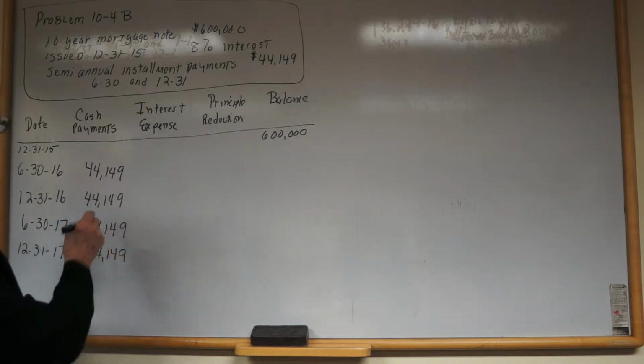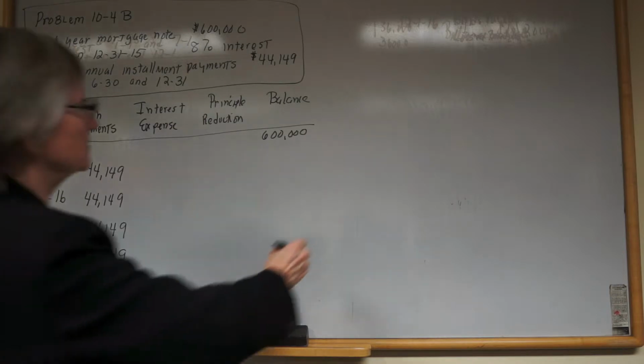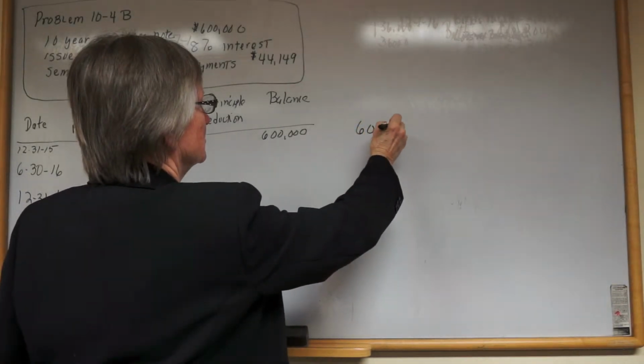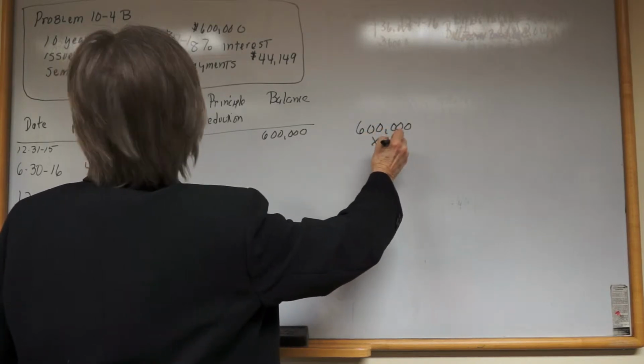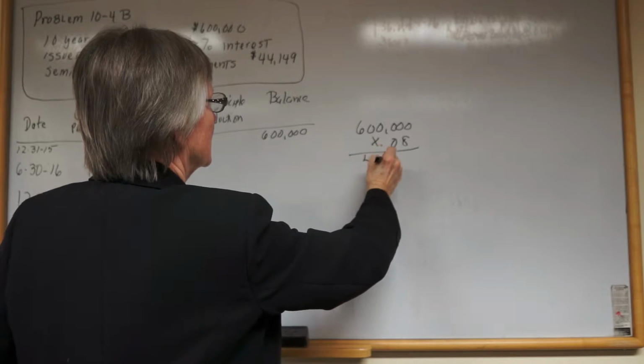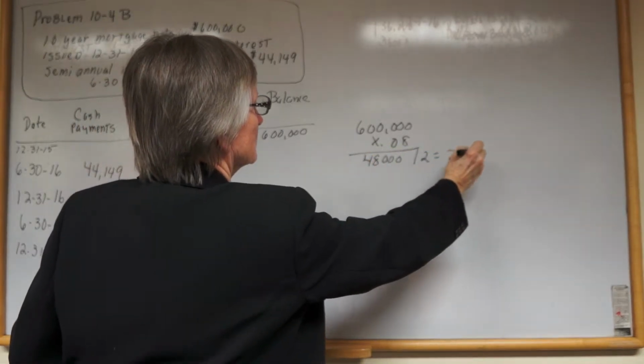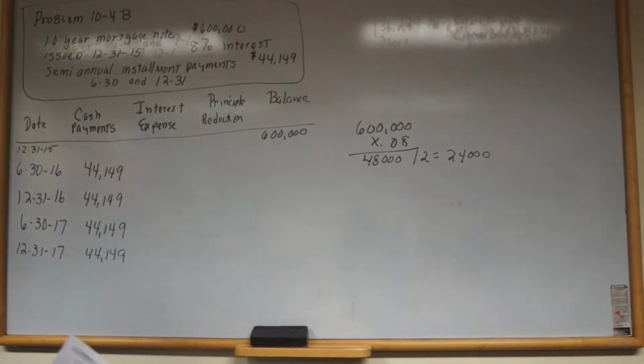The difference is that part of that payment is going to be interest expense and part is going to be reduction of the principal. How do we figure out which is which? Well, interest expense is 8% per year, but we're making 2 payments each year. So we would multiply the principal balance of $600,000 times the 8%, so that would be $48,000, and then we would divide it by 2 because we're making 2 payments a year.